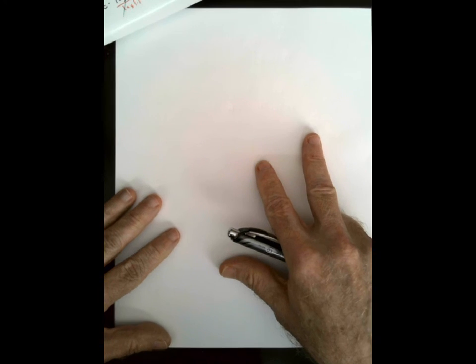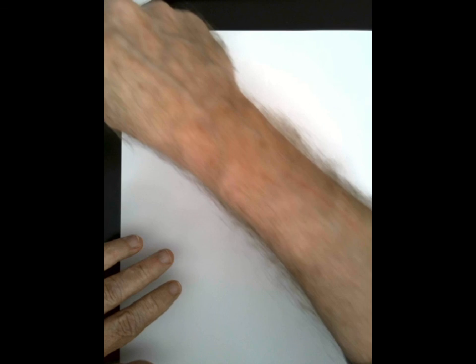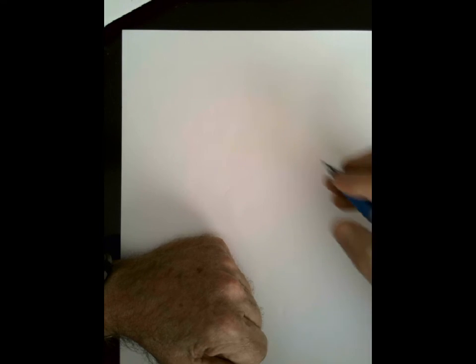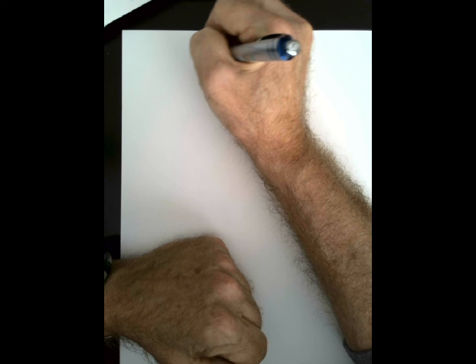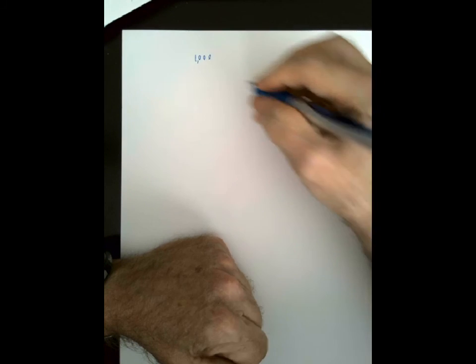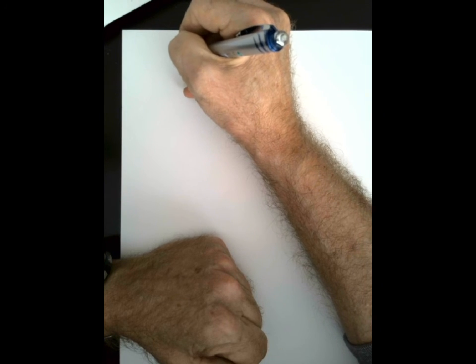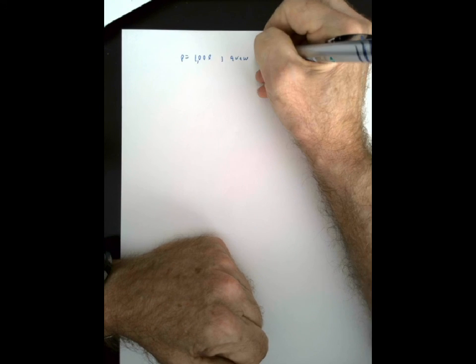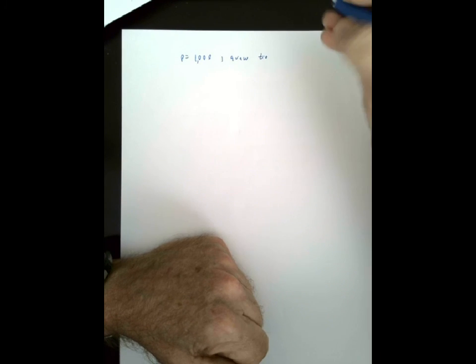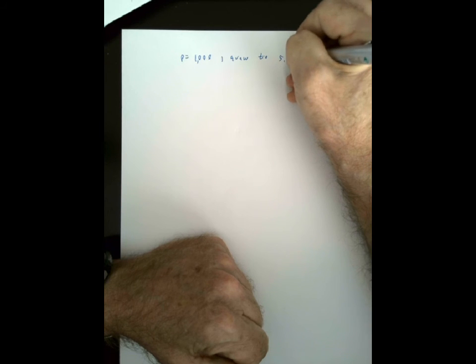In order to practice this, it's not that hard, but you do need to practice a few so that you can see how it works. So let's say that I've got $1,000 in my account. That's what I've got right now. So that's the principal. I want it to grow to $5,000.